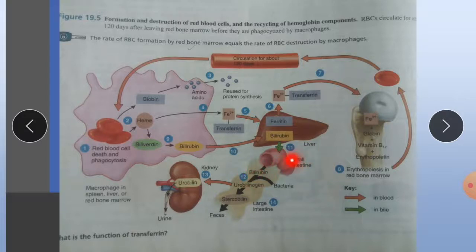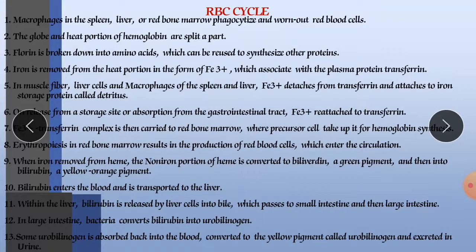With the help of the bacteria available in the large intestine, that bilirubin is converted into urobilinogen. So within the liver, bilirubin is released into the bile, which passes into the small as well as the large intestine. In the large intestine the bacteria convert that bilirubin into urobilinogen.